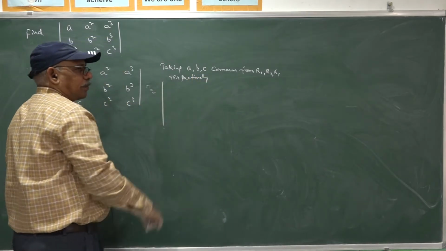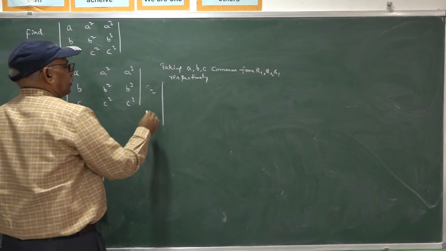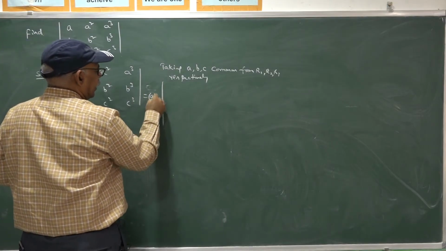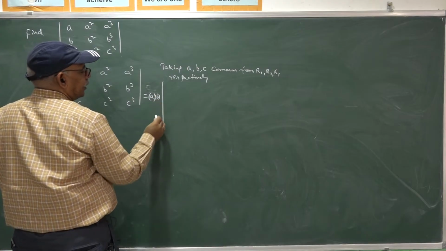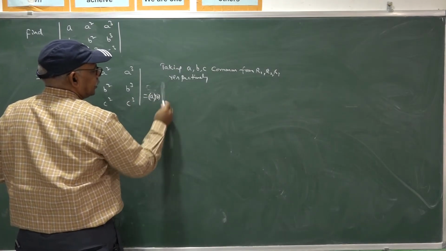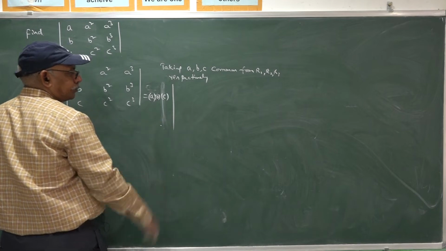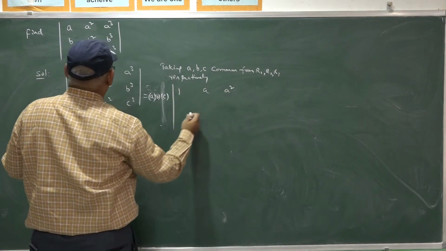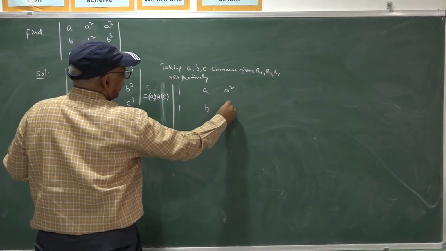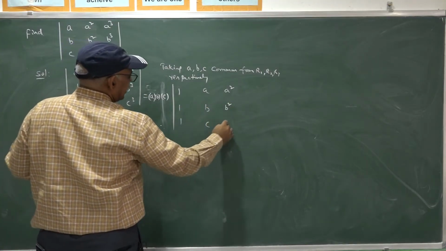Taking A as common from the first row, we get A, and taking B as common from the second row, we get B, and C. This is C into, here we get 1 A square, 1 B square, 1 C square.